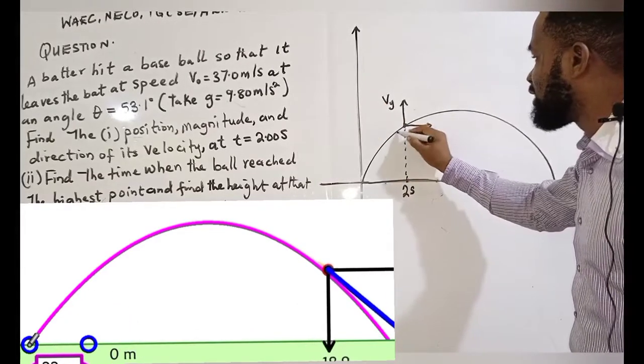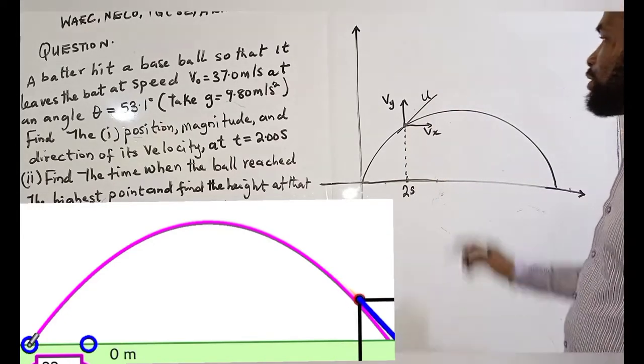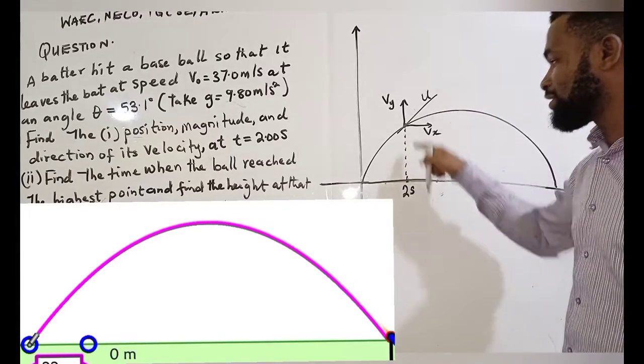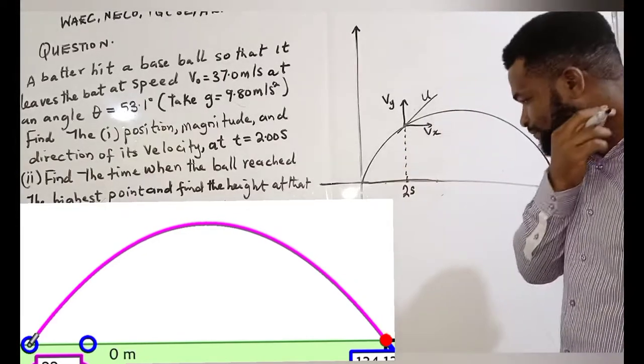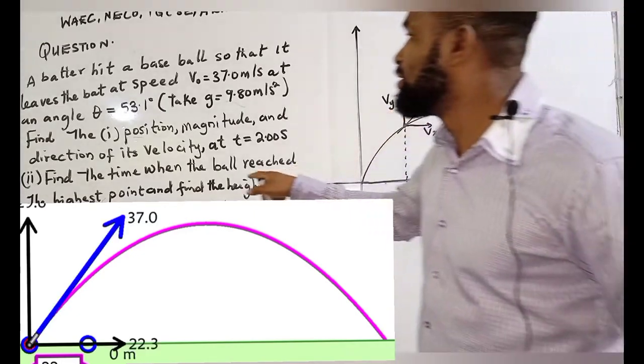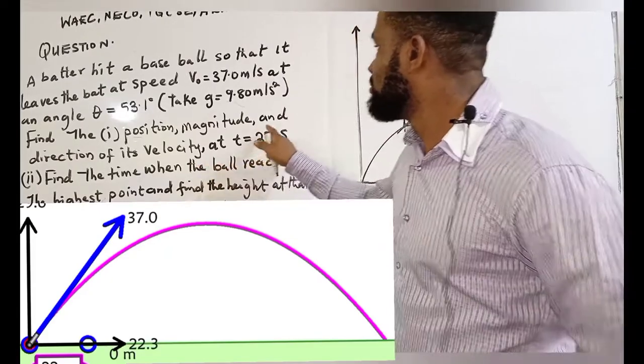And at this same point, we have this resultant velocity, which is called the instantaneous speed or resultant speed at the point 2 seconds. Now, how do I find Vy?